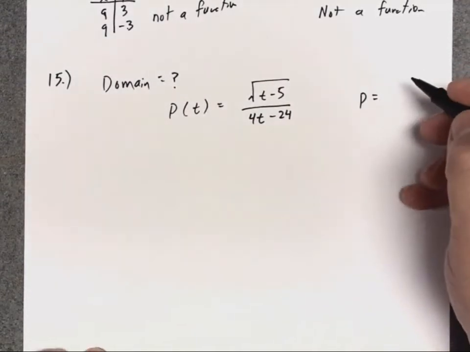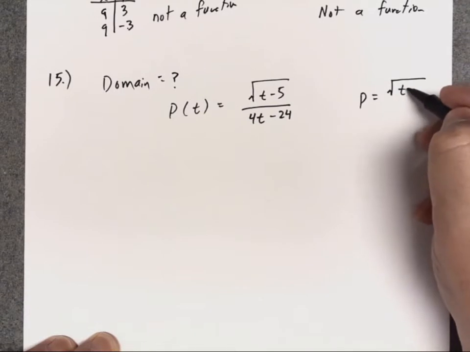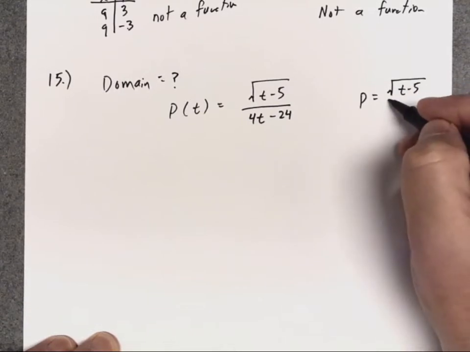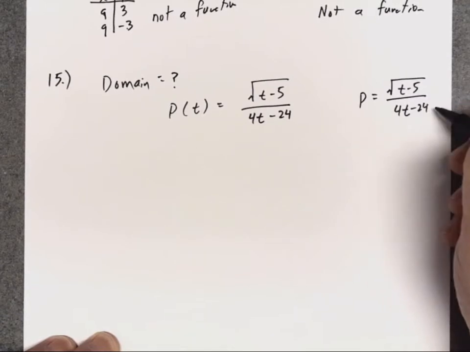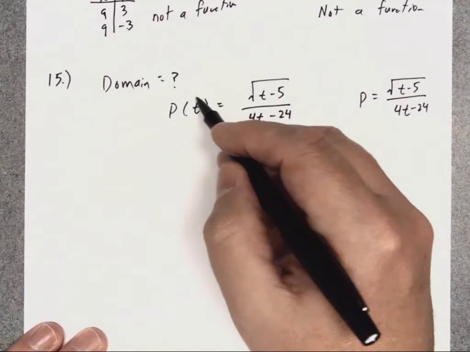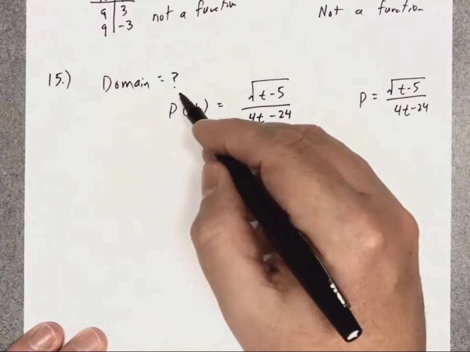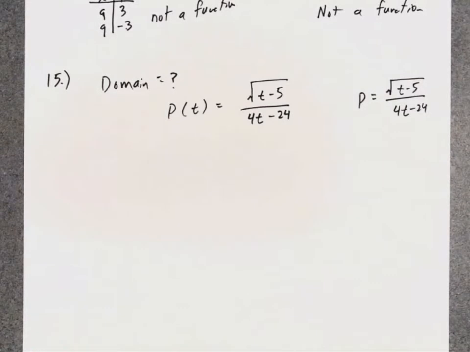If I wanted to, I could rewrite it like this. Basically, I've got an equation for P that equals this. Function notation just basically says, hey, here's the name of my equation, and here's the variable that's going to be in the equation.